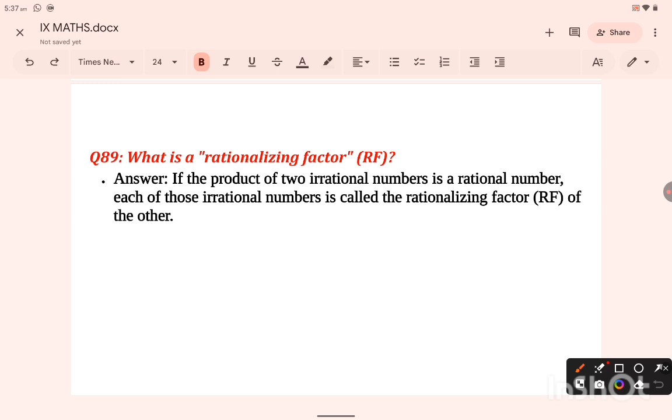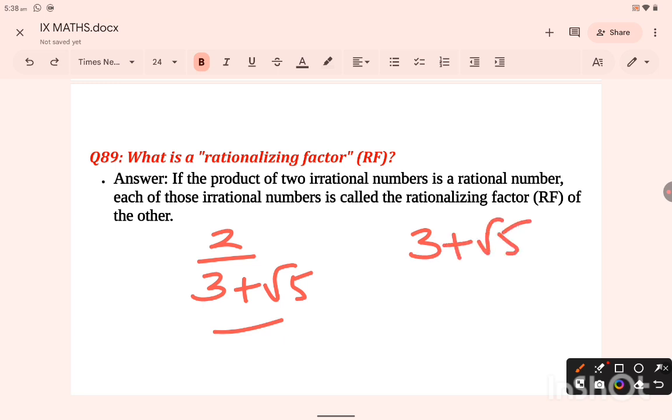Suppose for example 2 by 3 plus root 5. This is a fraction with an irrational denominator. Now 3 plus root 5 is irrational.